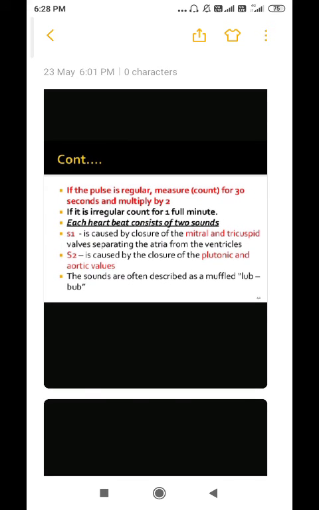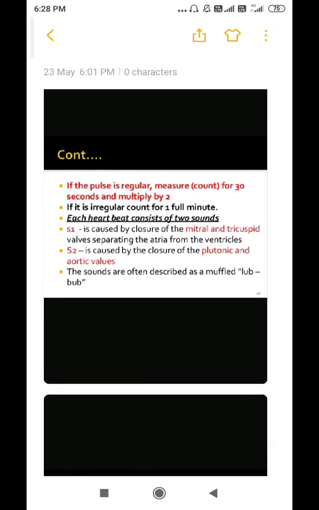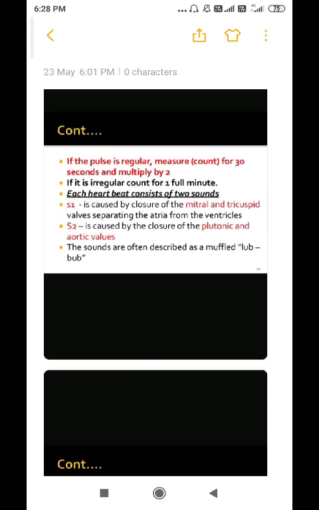S1 is caused by closure of the mitral and tricuspid valves separating the atria from the ventricles. Okay, the next one, S2, is caused by the closure of the pulmonic and aortic valves.